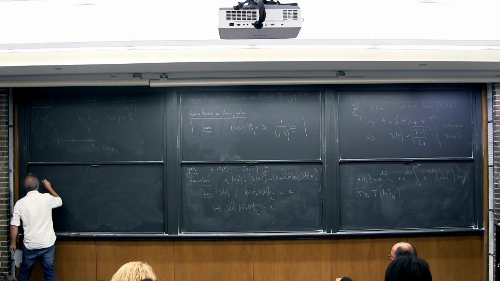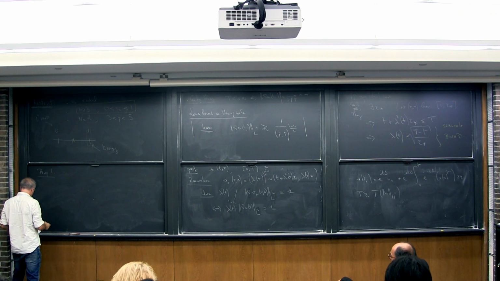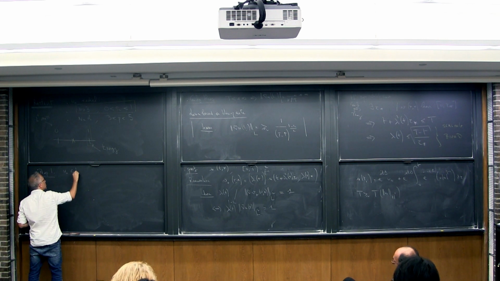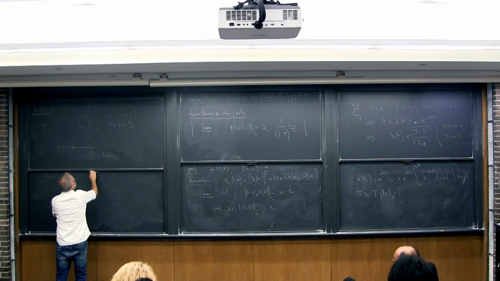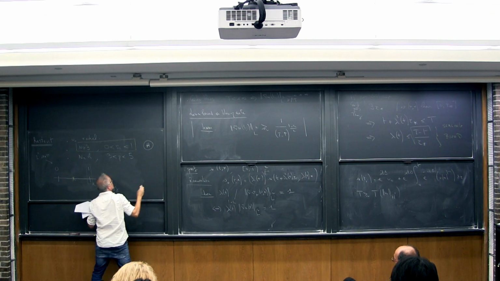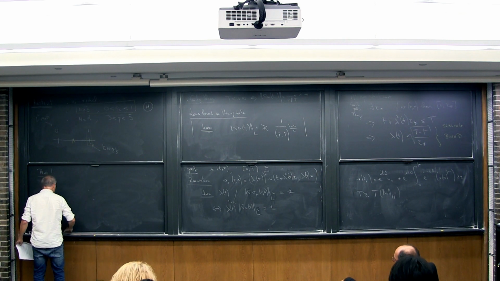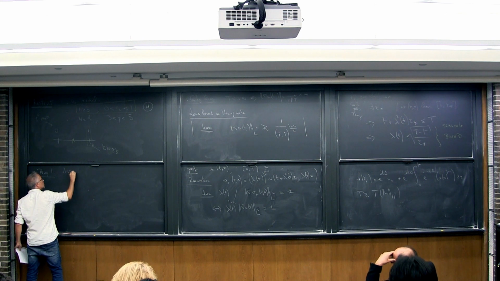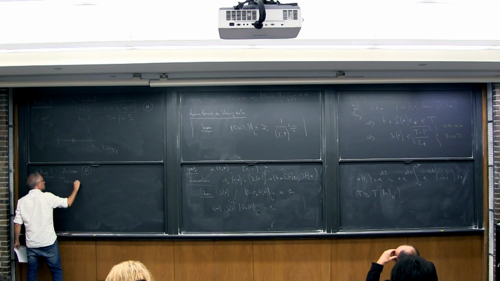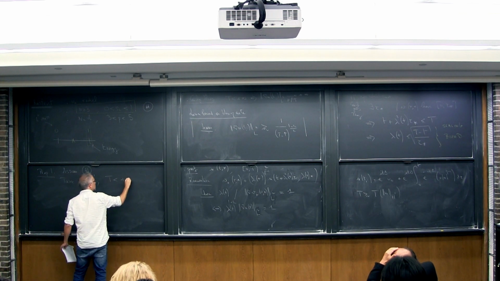So maybe I can make this a proposition. Proposition 1, which would be the following thing. If I take an initial data in H1, so maybe let me call this assumption H. So assume H, and take a data U0 in H1, and I assume that the corresponding lifetime is finite.